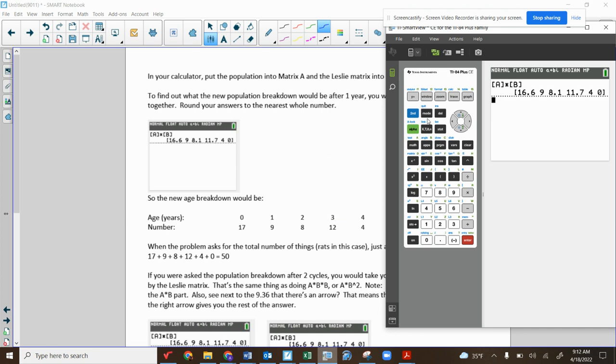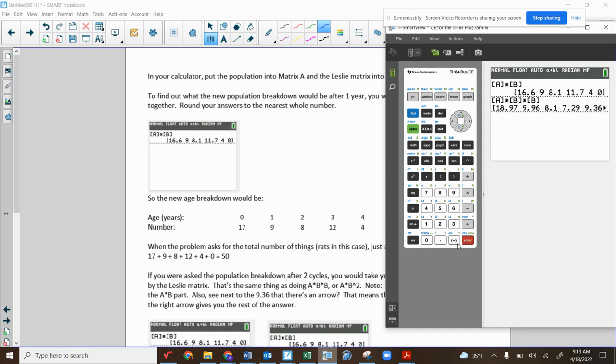Now, what if I wanted to find them after another year? What I'd want to do is take this answer and multiply it by B. So that would be matrix A times matrix B, and then to that, I'd want to multiply matrix B. But what if I want to do this for 12 years?